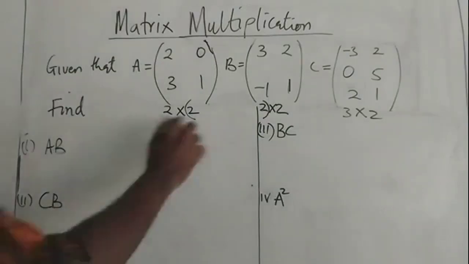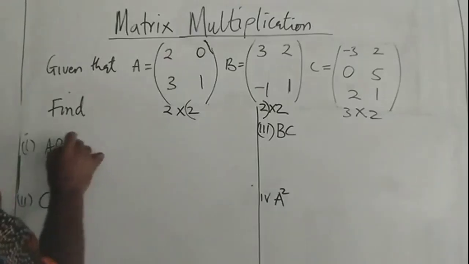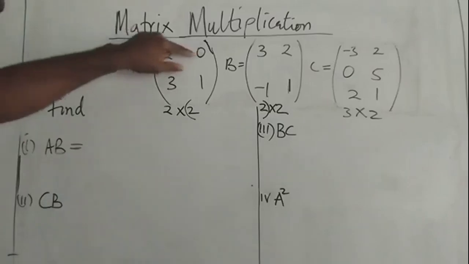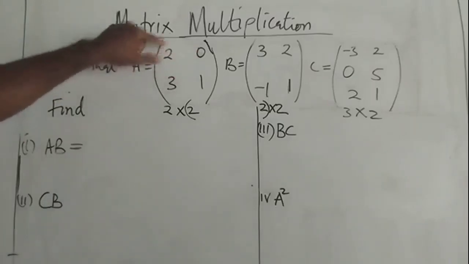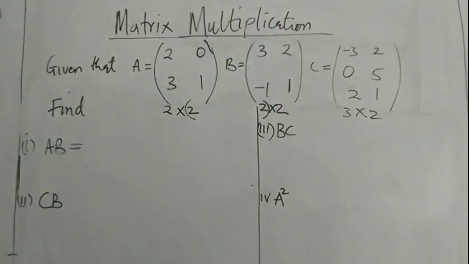Let's do it. We'll have A times B, and this is how it goes. The rows of the first matrix will multiply the columns of the second matrix.